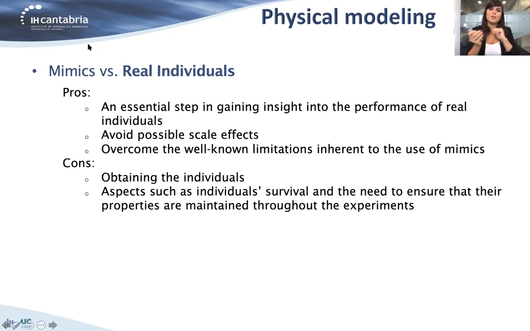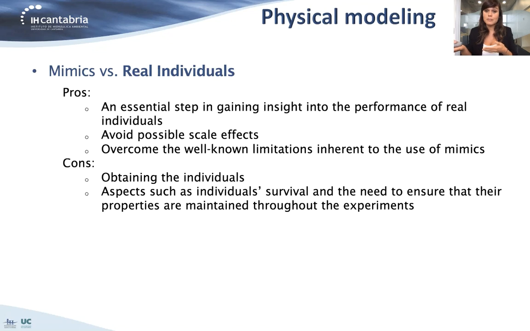Another option to run our experiments is to use real individuals. The use of real individuals is essential to gain insight into their performance under the flow action. Also, that implies running the experiments at real scale, so we are avoiding any scaling issues.